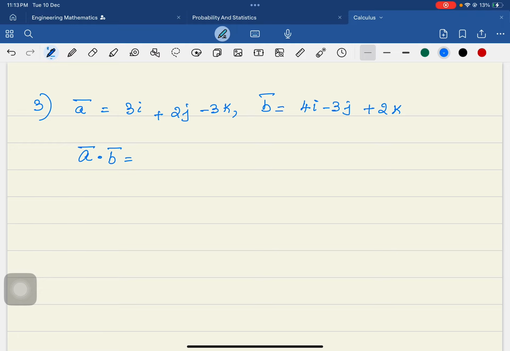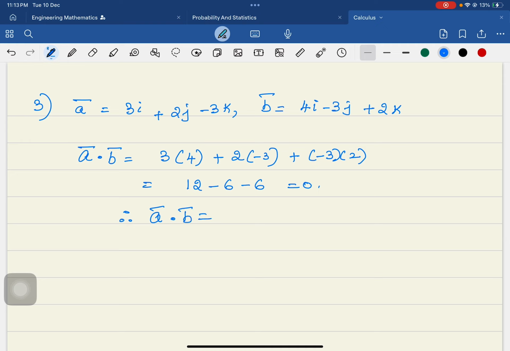A dot b is given by 3 into 4 plus 2 into minus 3 plus minus 3 into 2. So that is 12 minus 6 minus 6, which is equal to 0. Therefore, the dot product A dot B is equal to 0.